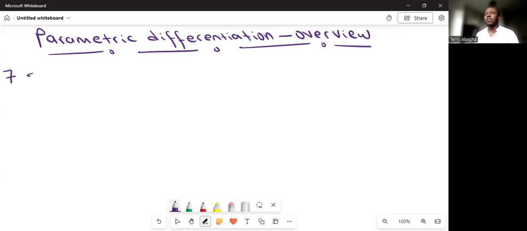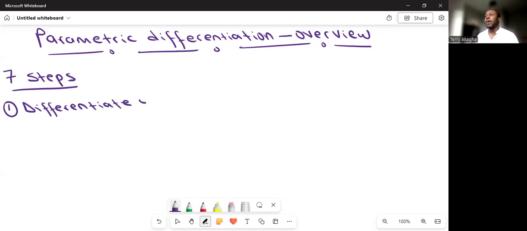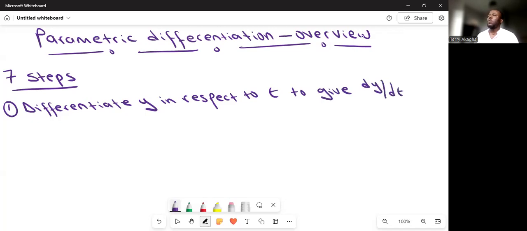So we're going to talk about the 7 steps and how to solve questions that involve parametric differentiation. Number 1, the first thing you have to do is differentiate y in respect to t. You can see the third parameter here is t, to give dy over dt.